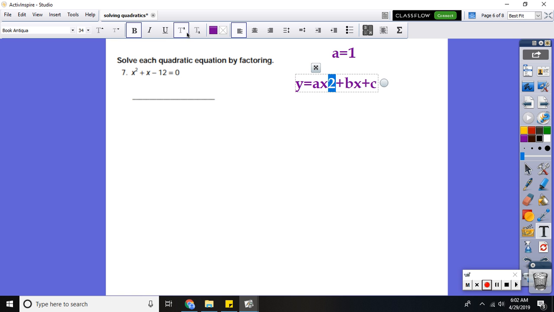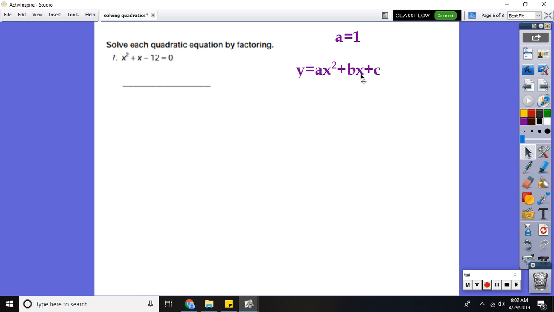And so the coefficient that's in front of the squared term is referred to as a. And when it is 1, 1 times x squared, it's just x squared. And so it looks like there's no coefficient for the squared term, even though we understand it to be 1.